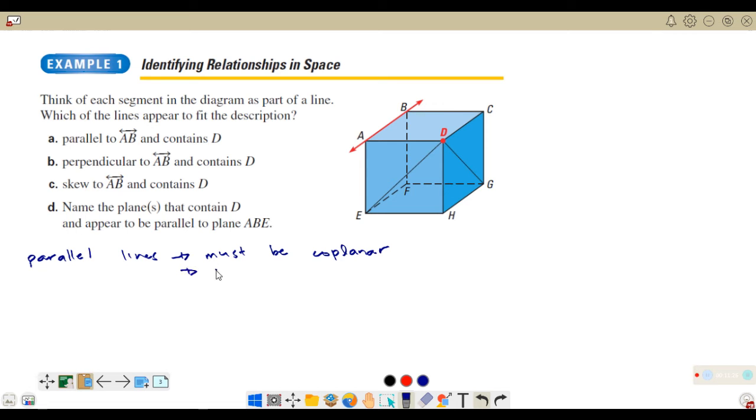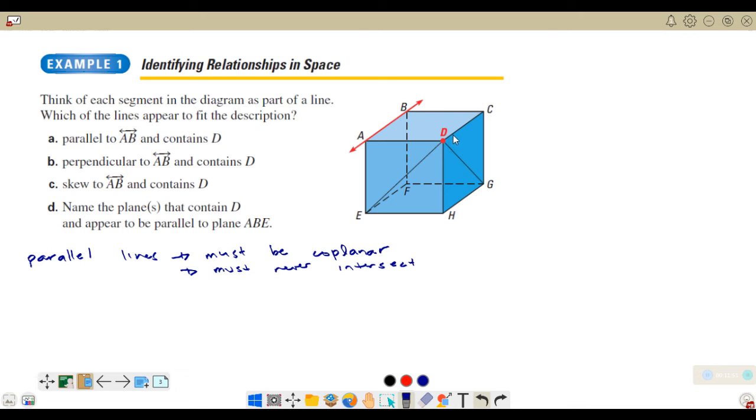Pangalawang condition, must never intersect. Later on, may algebra rin to. May i-compute din tayong values para malaman natin kung parallel or hindi. But in the meantime, settle muna tayo dito sa dalawang definition. So, si AB. Saan contained si AB?